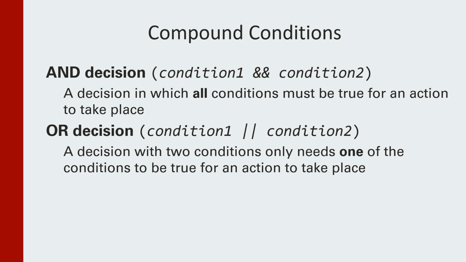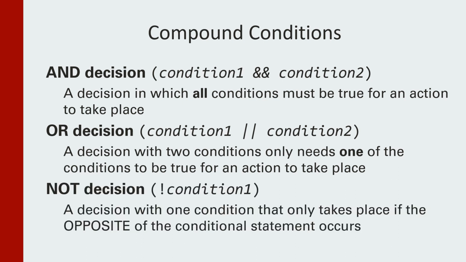So I could have condition 1 be false and condition 2 be true, and the whole thing would end up evaluating to true. And then finally, a not is a decision that only takes one condition. So if I had condition 1 was true and I put a not in front of it, then the whole thing would evaluate to false.